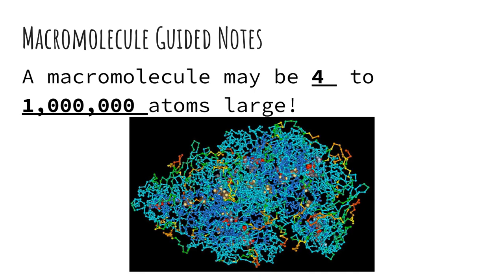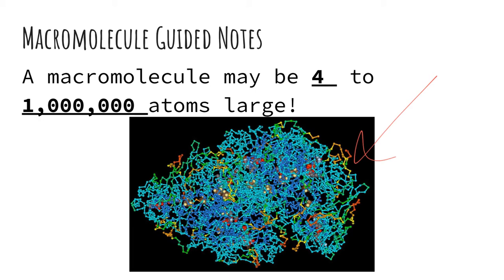So a macromolecule or a polymer or an organic molecule or a biomolecule can be from 4 to 1 million atoms large. They can be massive. And right here we see a pretty complex picture. I actually love this picture. It's a rendering of a protein that is within our bodies. As we learn more about the body and about living things, we'll learn that proteins are such a fascinating part of our bodies.